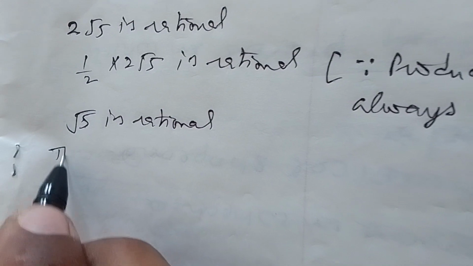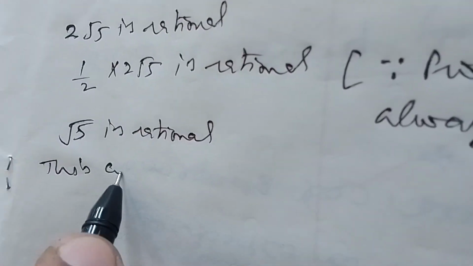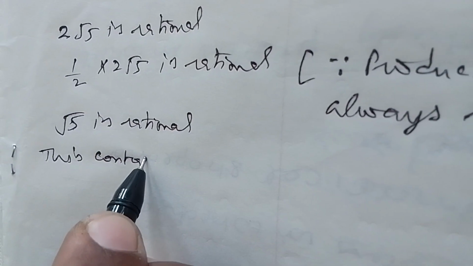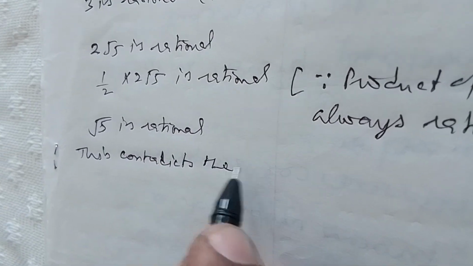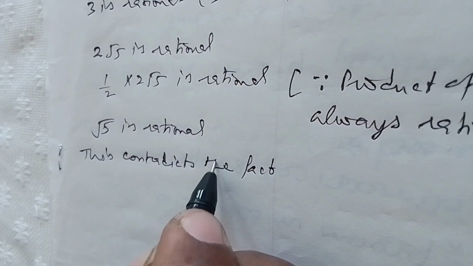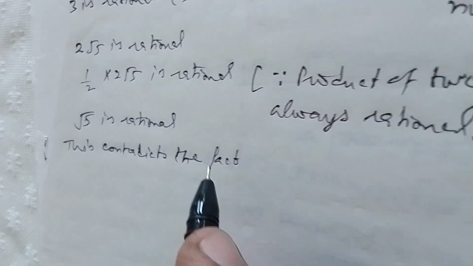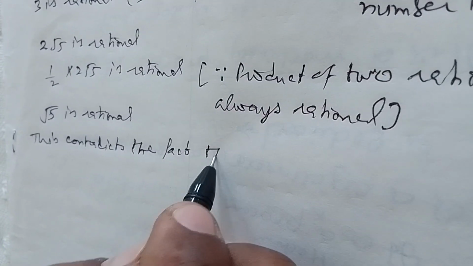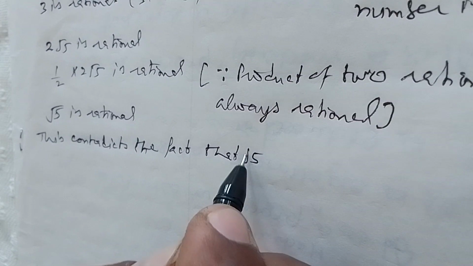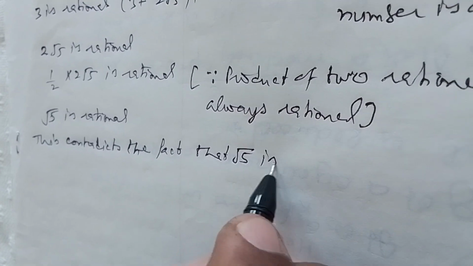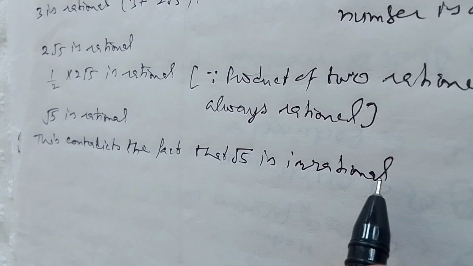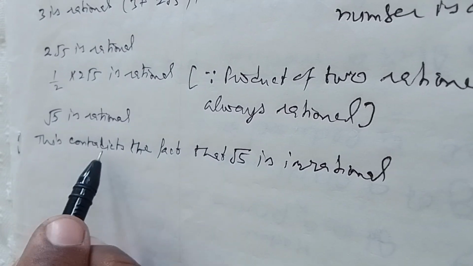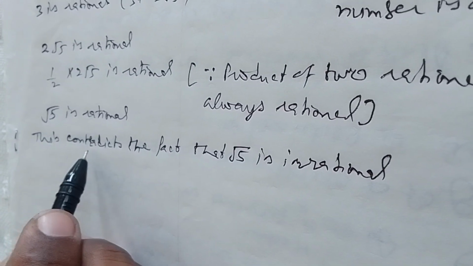This contradicts the fact that root 5 is irrational. Contradicts means negates.